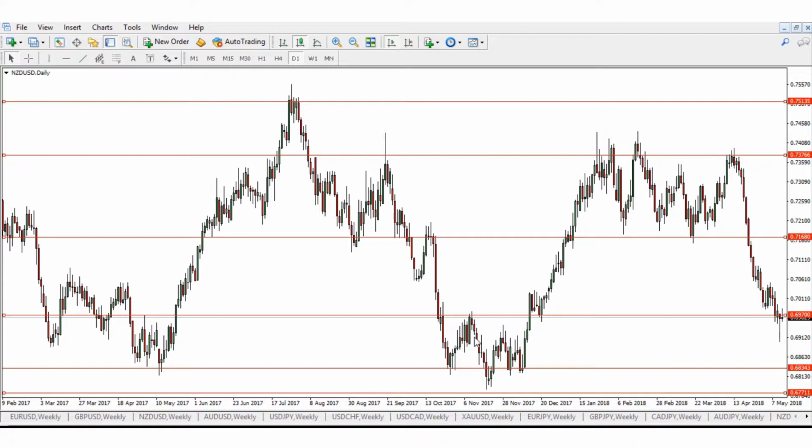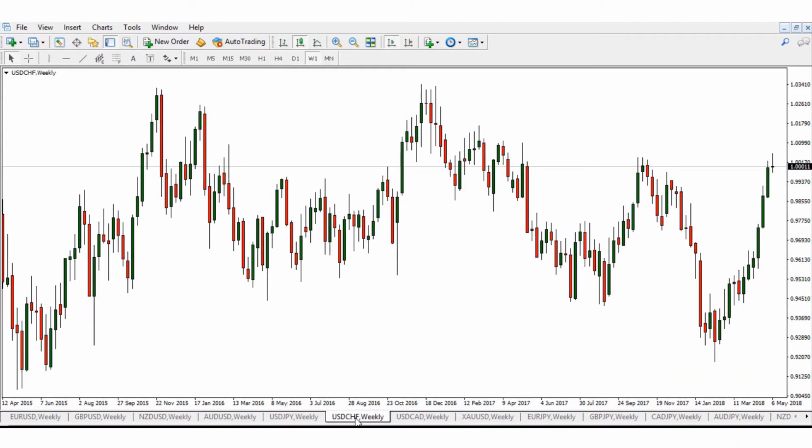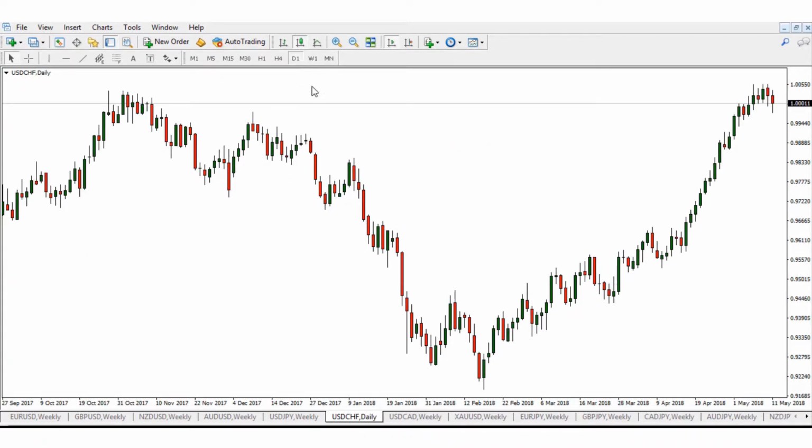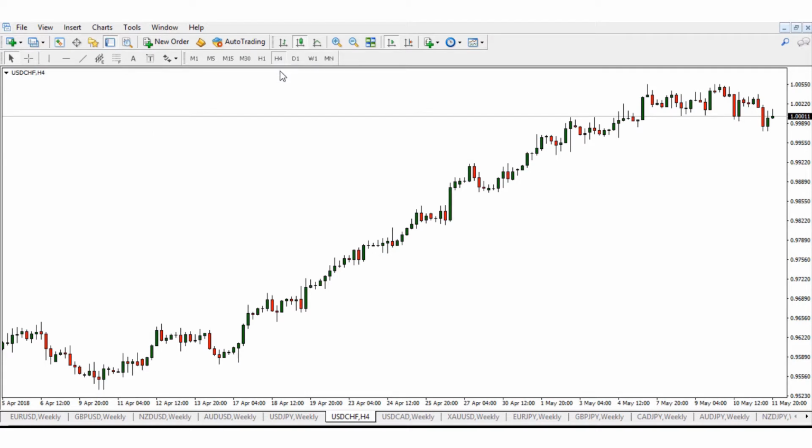So let's scan through our charts and see. Go to US dollar Swiss franc. The daily time frame, you can see an uptrend right here. And let's see where you can really get it well. On the 4 hour. Okay, this is actually a nice uptrend.